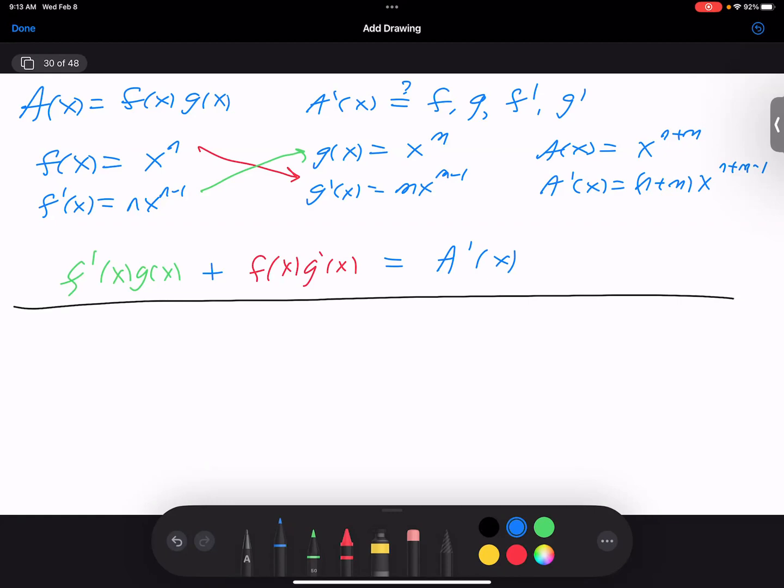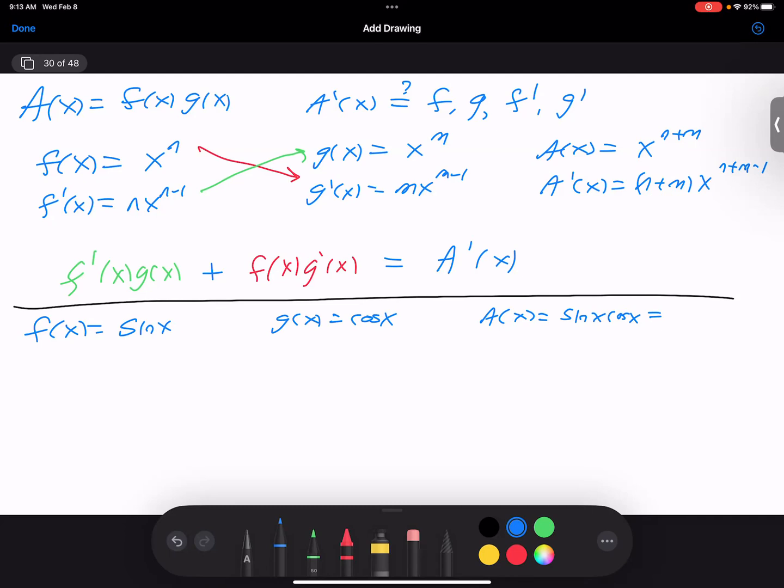And so if I take f of x equals sine of x, g of x equals cosine of x, a of x is going to be sine x cosine of x. Does anybody know a nice way of writing sine x cosine x? Who remembers their trig? It's always dangerous.